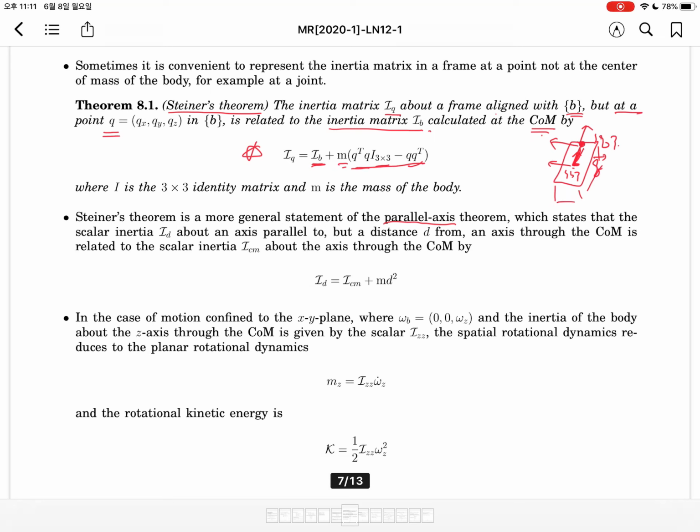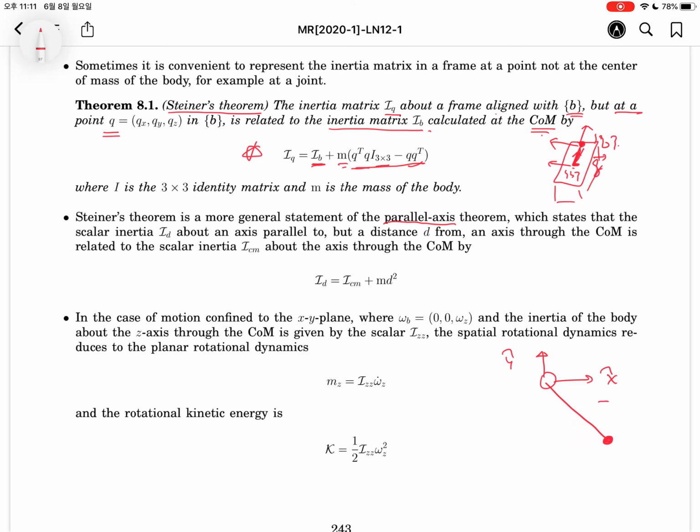Okay, Steiner's theorem can be simplified in the planar case. Let's assume that we have the planar space. This is the x-axis, y-axis. There is some pendulum.